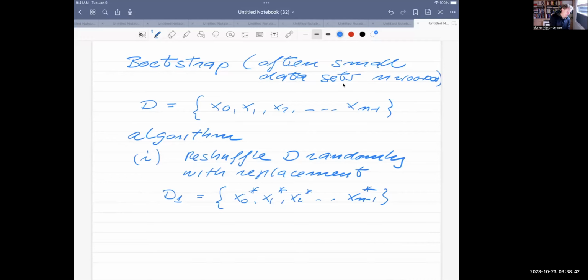As an example, suppose the original data set was just given by 1, 1, 2, 3, and 4. Then your D1 here could now simply be 2, 3, 1, and 1. With replacement means that we put back the number which we have picked, and we can actually pick the same data point several times.